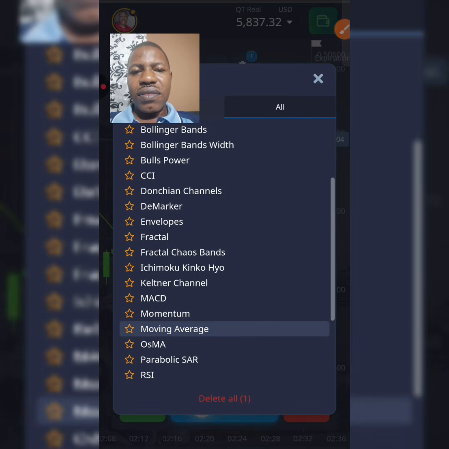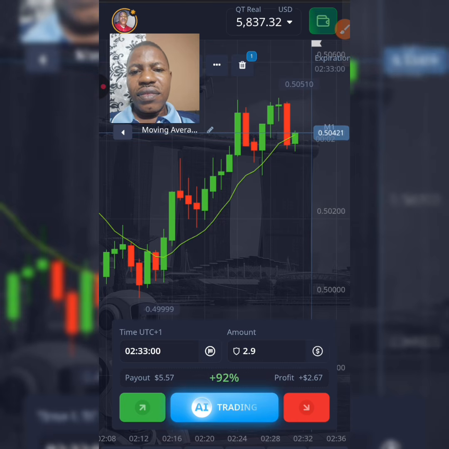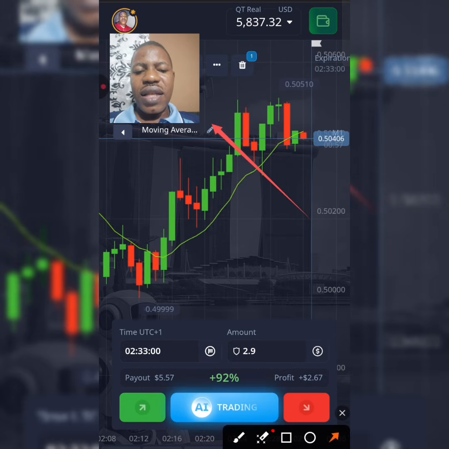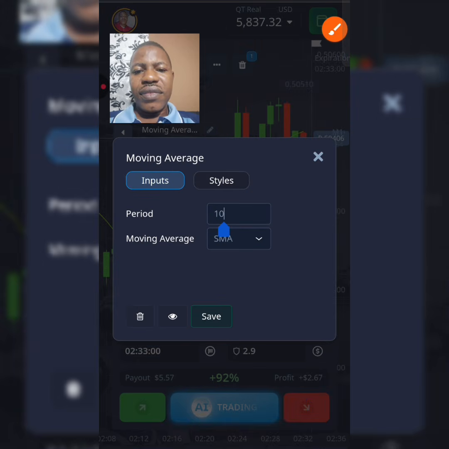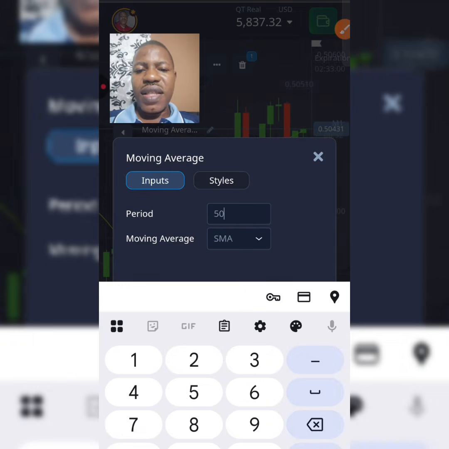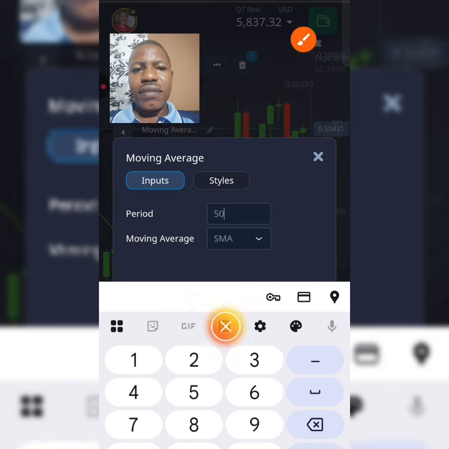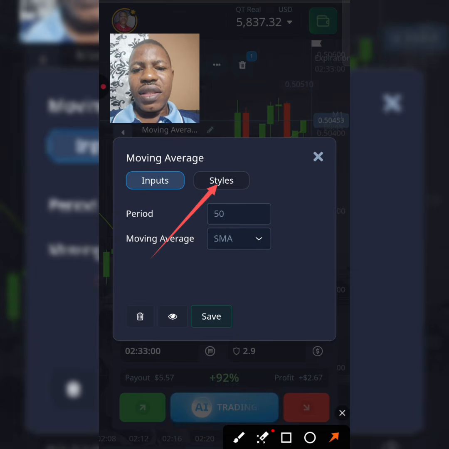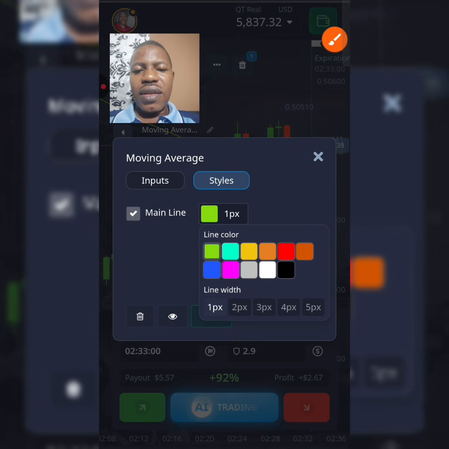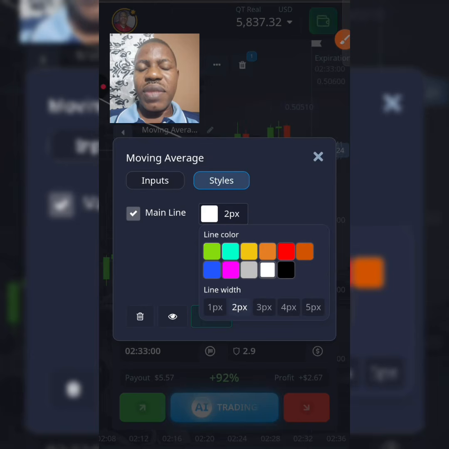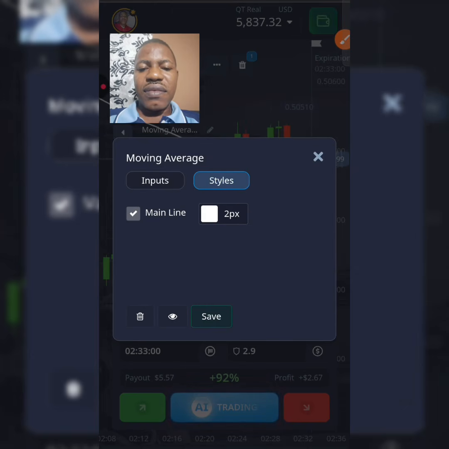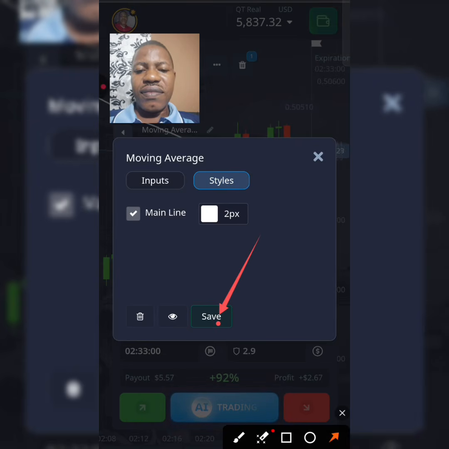So we select the little pencil close to it, which is this one right here, and then change the period to 50, and on the style you change this to white. You can use any color of your choice, but I'm using white and 2 pixels to make it thick. And save.